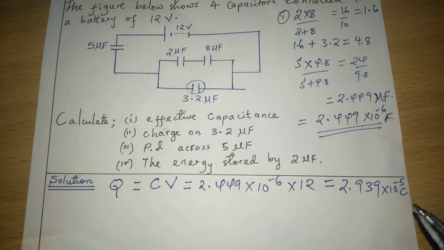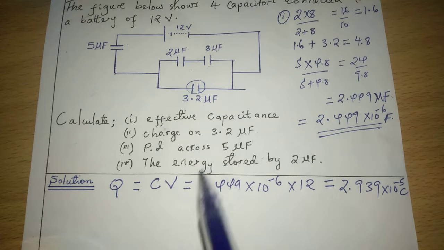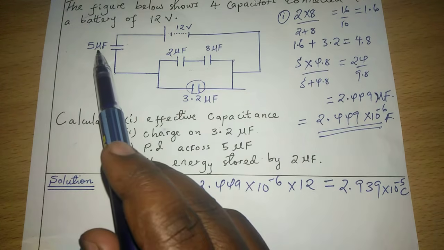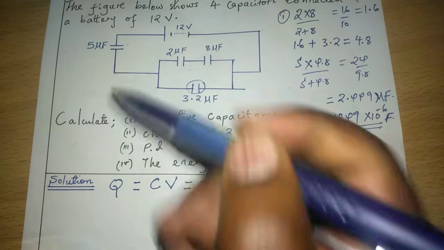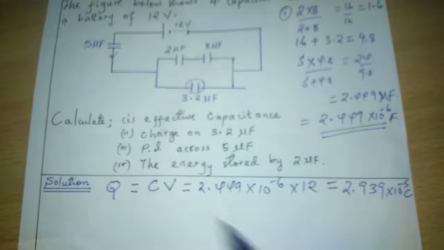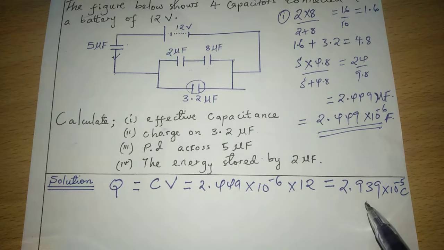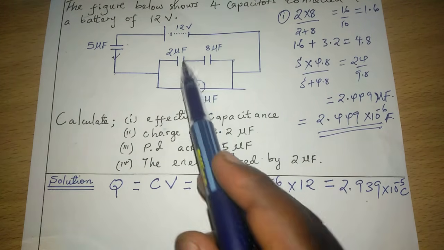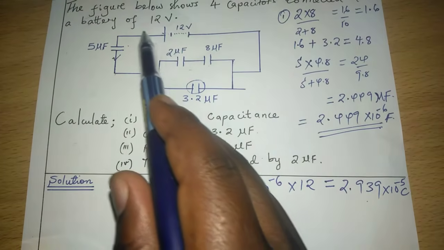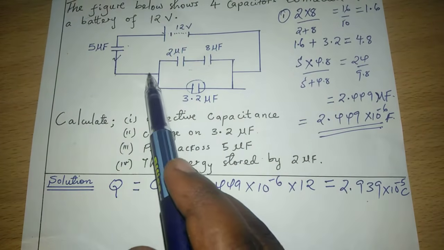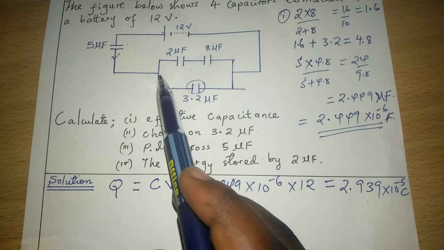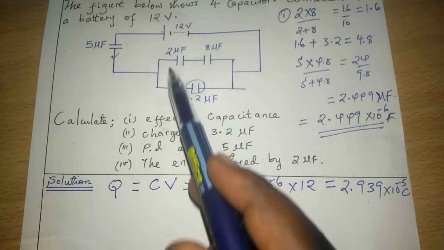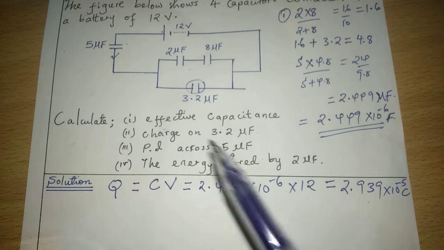If that is the effective charge in the whole system, what we should know is that in the 5 microfarad capacitor, the total charge passes here. The total charge of 2.9 times 10 power negative 5 proceeds here, because the charge has to pass uniformly through every component in series until it reaches the point where it gets redistributed between the 2, depending on the voltage.